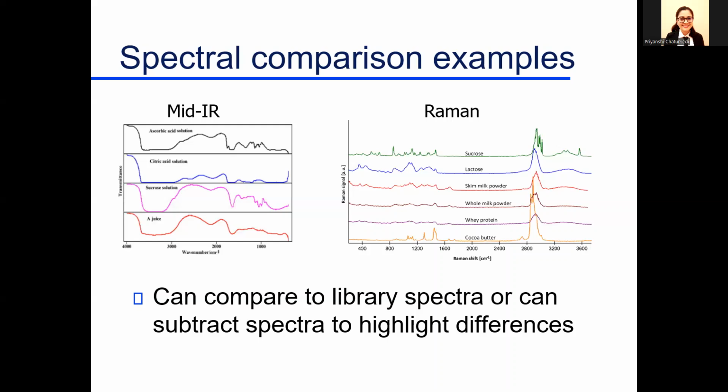So then you can also see how you've got skim milk powder, which is going to have a lot of lactose in it. Whole milk powder, which does have some lactose, but it also has fatty acids in it. Whey protein, cocoa butter. So in this case, I wouldn't probably use this bandwidth. So this is where I talk about quantifying versus qualifying things.